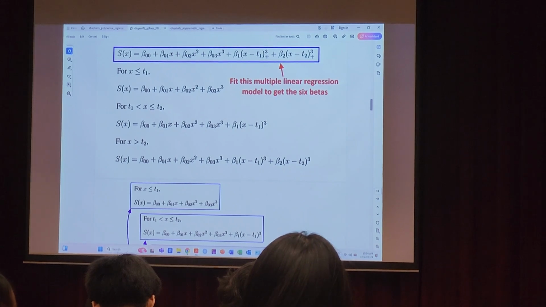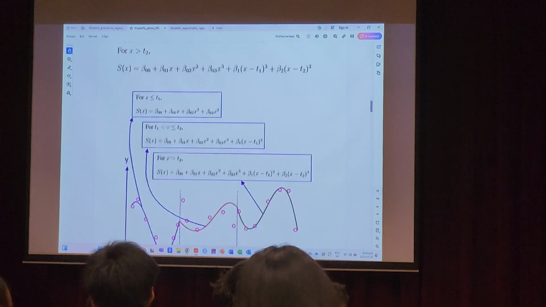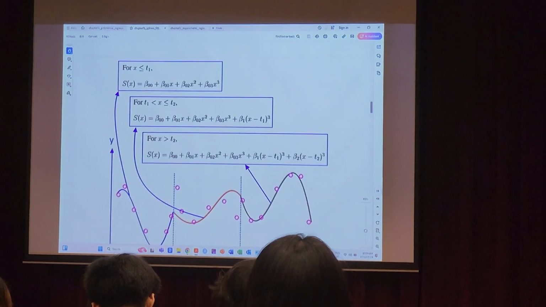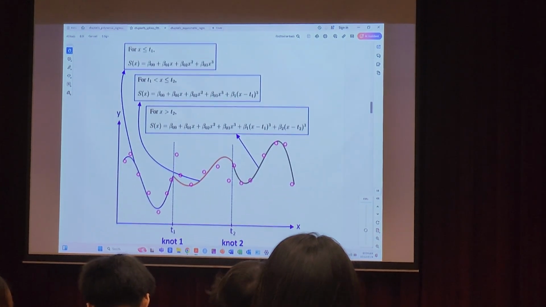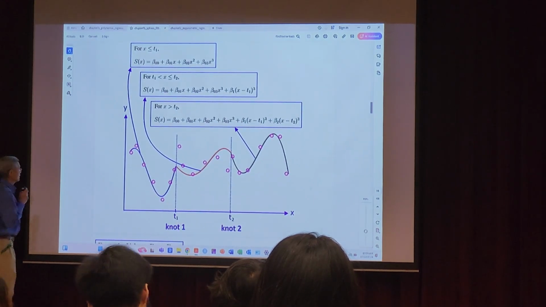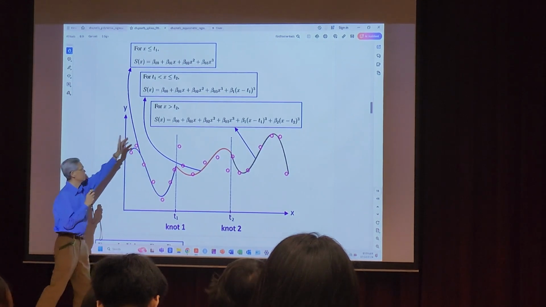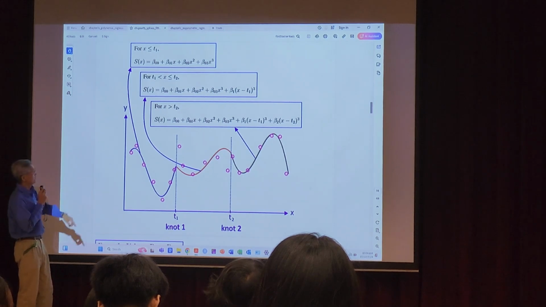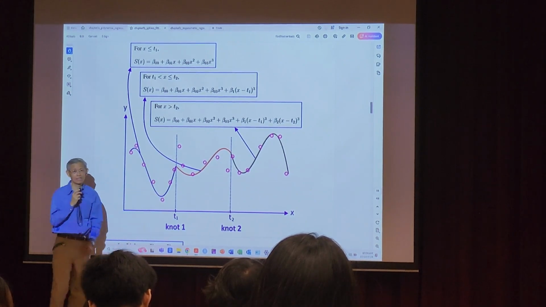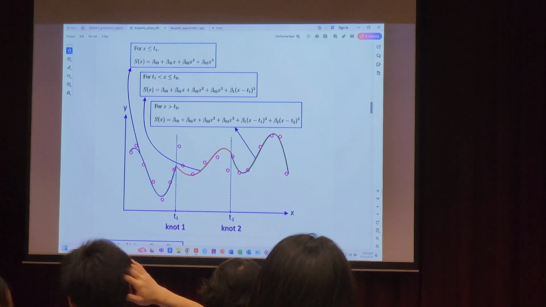the equation in the box describes the spline model, and it can be written as 3 separate models for the 3 segments. So when I fit the model, it will look something like this. This first segment is the base model, and the second segment here can be described by the addition of a cubic component.